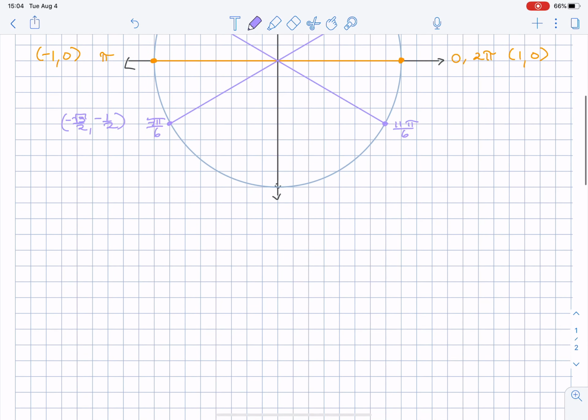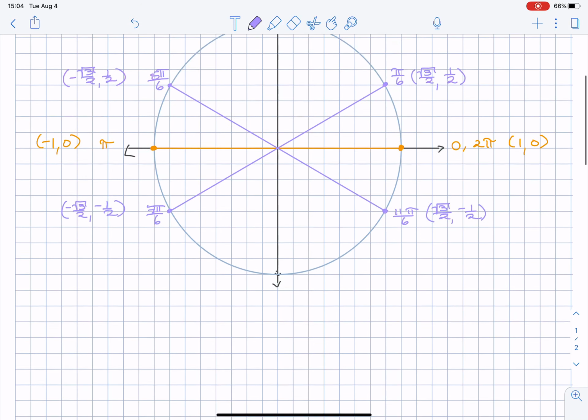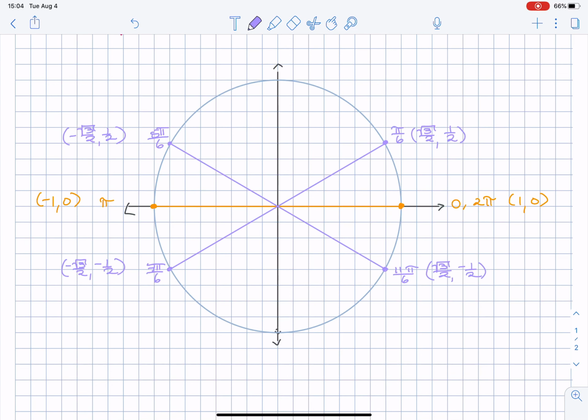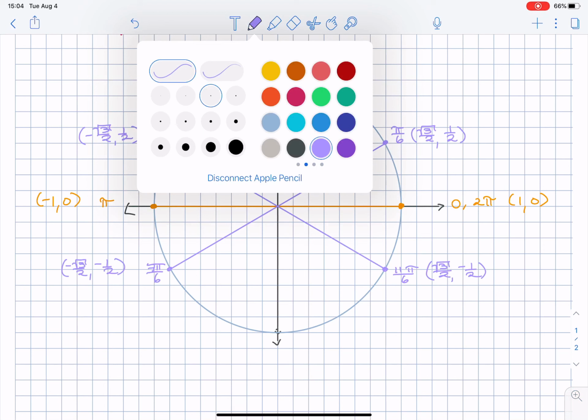And then in quadrant 4, we have a positive root 3 over 2 for x. However, we have negative 1/2. So those are all similar, save for the signs of each coordinate. So those are the, why is this not moving? Thank you, Apple. Okay, so now let's do our 45-degree reference angles.